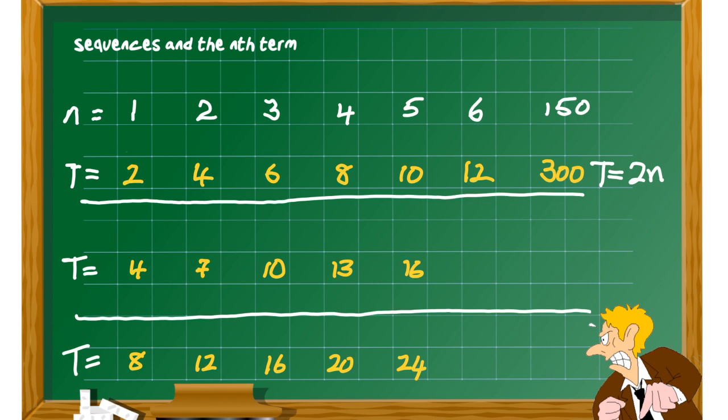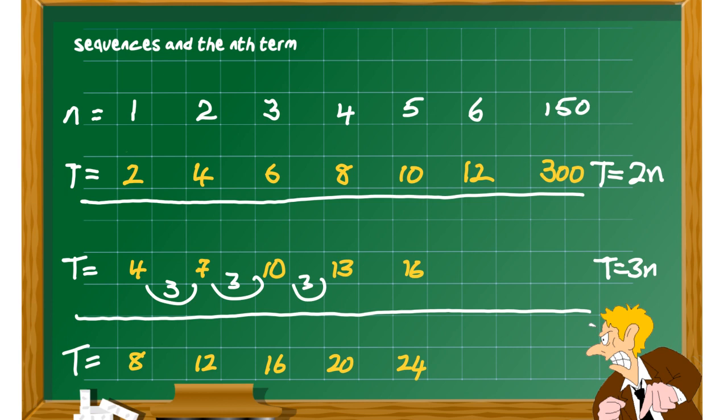That means we know already that t is equal to 3n and something. The 3 comes from the gap, where the gap is 3 each time. That will be the number we put in front of n.